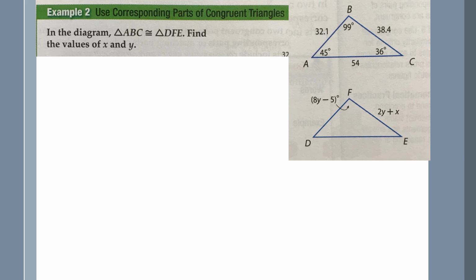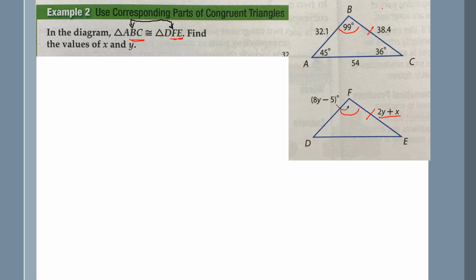If we look at the names here, angle B matches up to angle F. So we're going to mark these two angles congruent, right? Now, this one has two variables, so I have to solve for Y first. Segment FE, that's these two together, matches up with BC. So this here matches up to this one here. Okay, so we've marked this, now we can solve it.